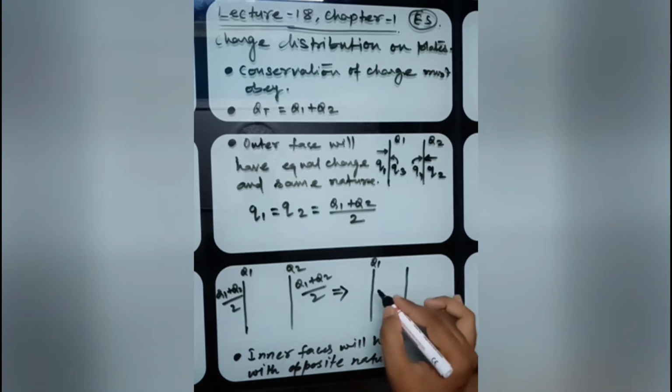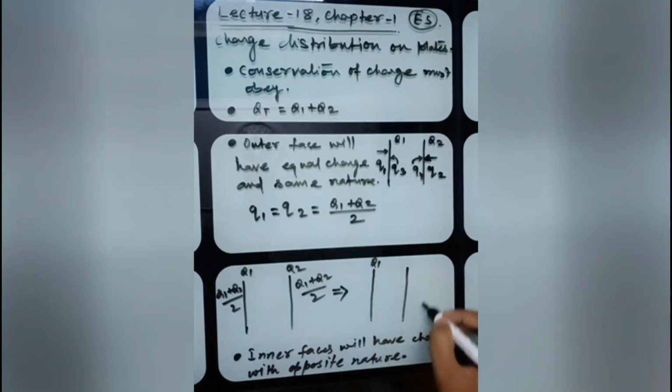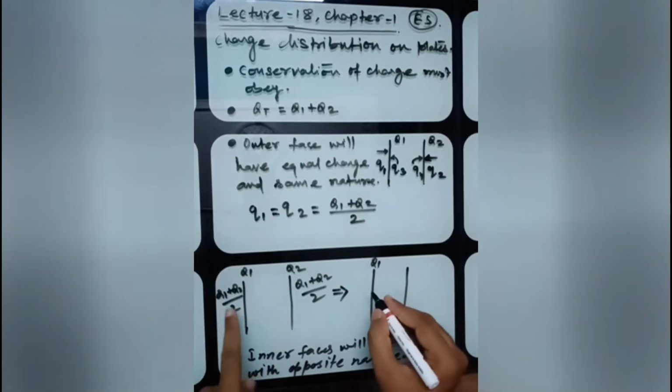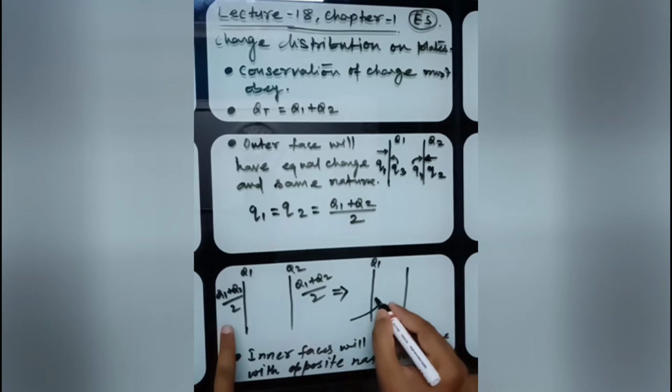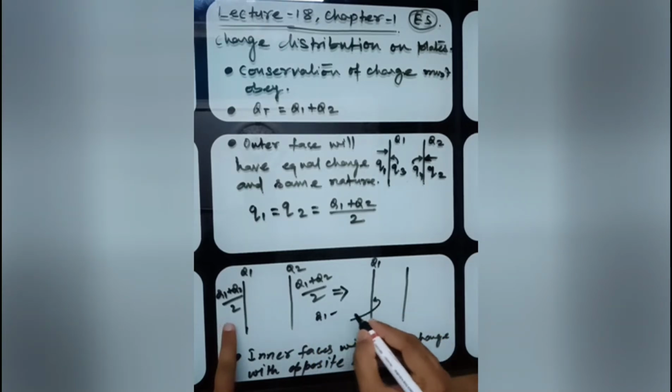Since the charge should be conserved on each plate individually and of the system also, if it is Q1 and here Q1 plus Q2 by 2, it means on this plate the charge will be Q1 minus (Q1 plus Q2) by 2.